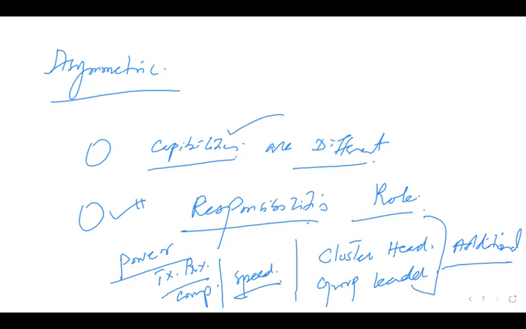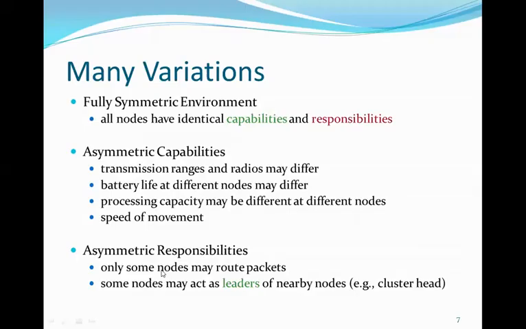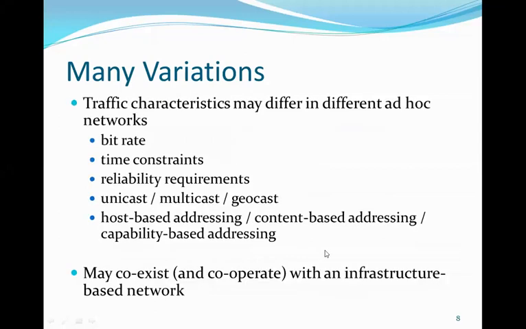You may not assign these responsibilities to every node, but to those nodes which are more powerful and have the capabilities to play that important role inside a network. Similarly, there may be some traffic variations. For example, you have different types of traffic patterns in these networks.